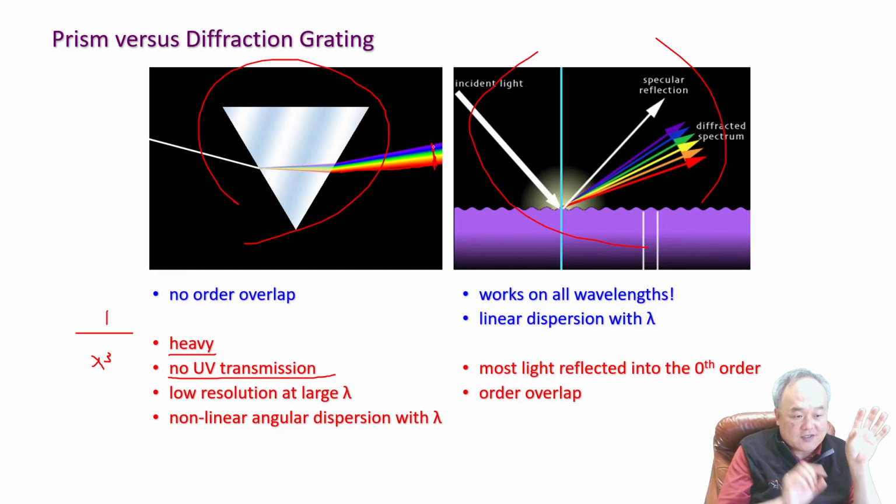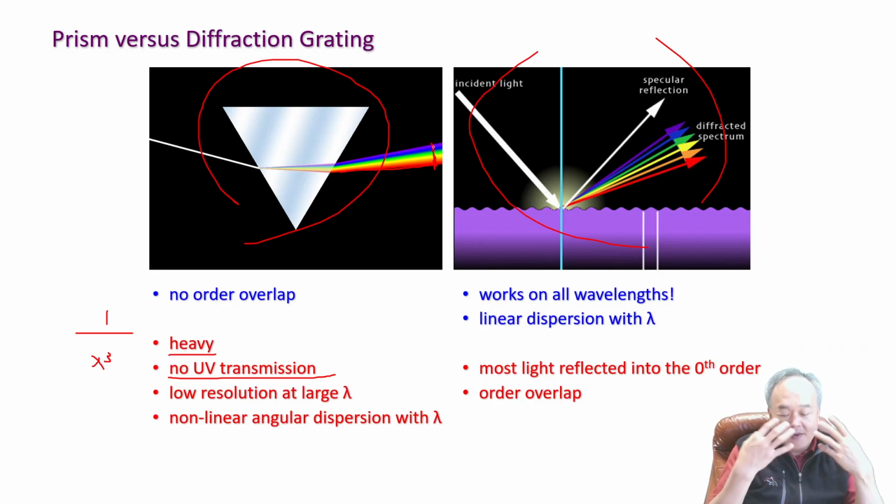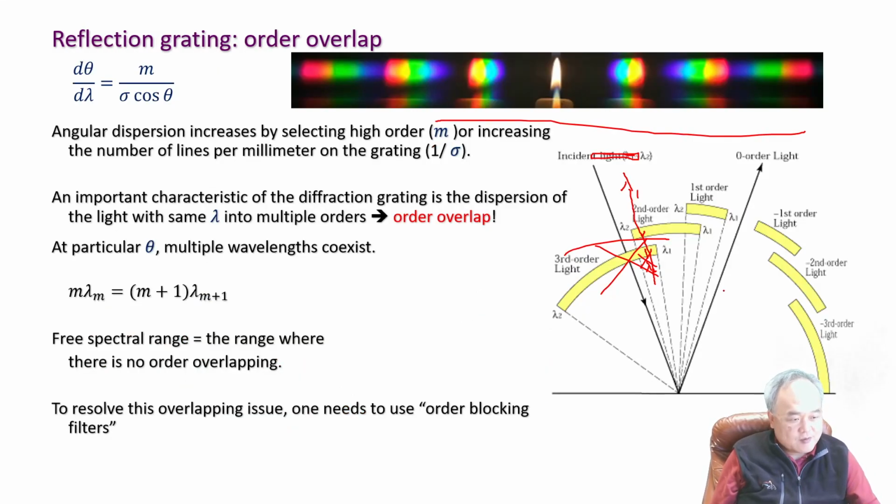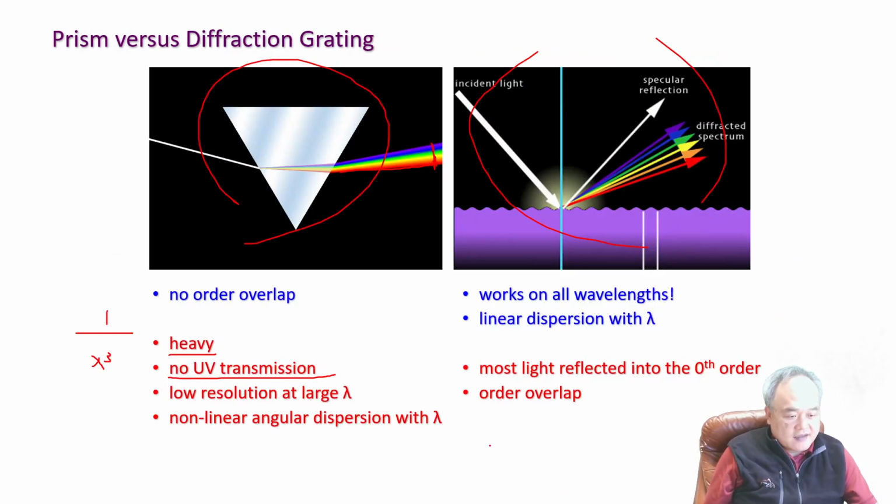So the angular dispersion is linear, which greatly simplifies things. But we have already seen the problem of the overlapping nature. So the grating has the disadvantage of order overlapping, which requires order blocking filters.